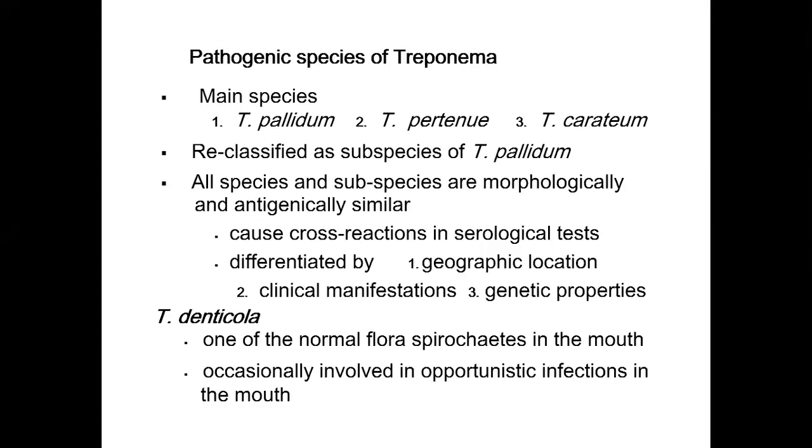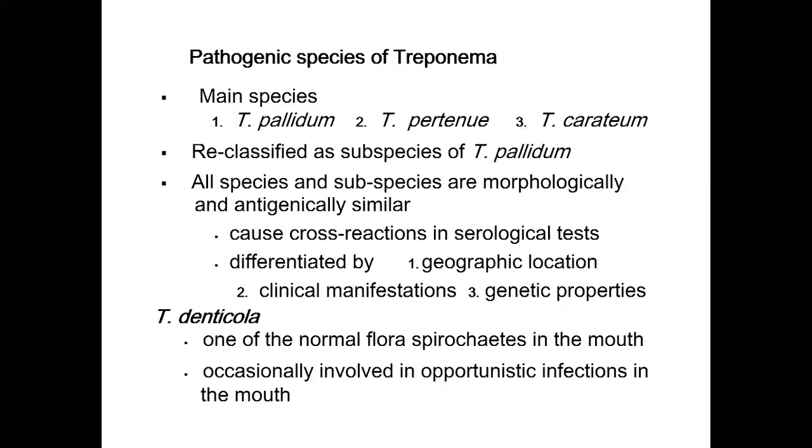Depending on what you are reading, you'll find that some of these organisms have been reclassified as subspecies of Treponema pallidum. What was formerly called Treponema pallidum is now Treponema pallidum subspecies pallidum, which we just call Treponema pallidum.